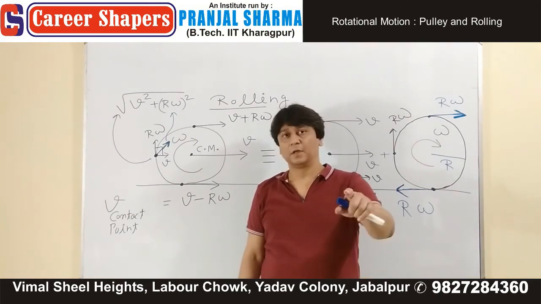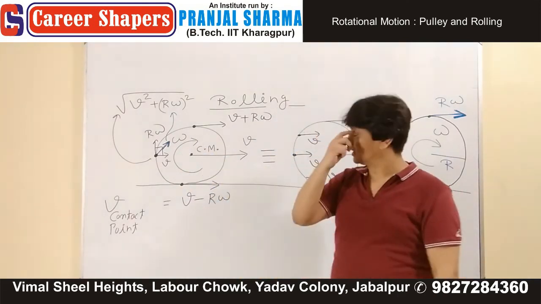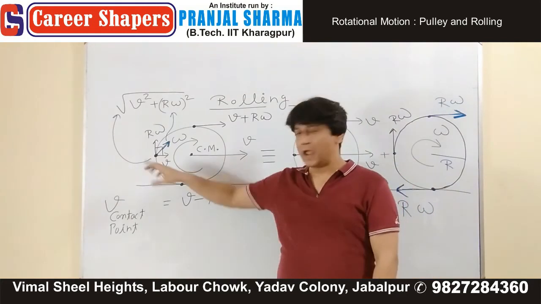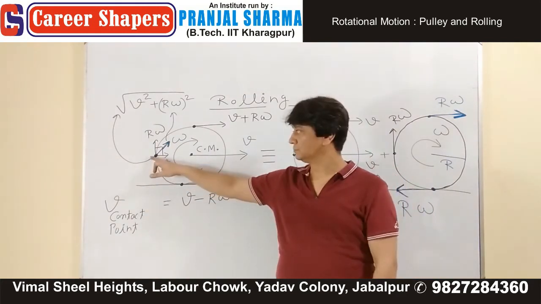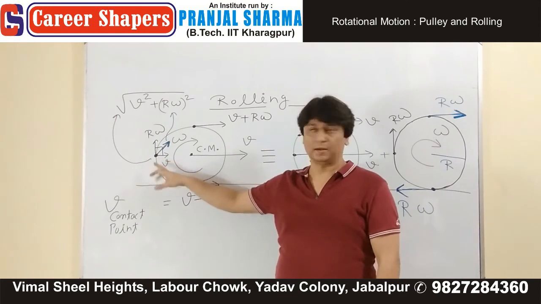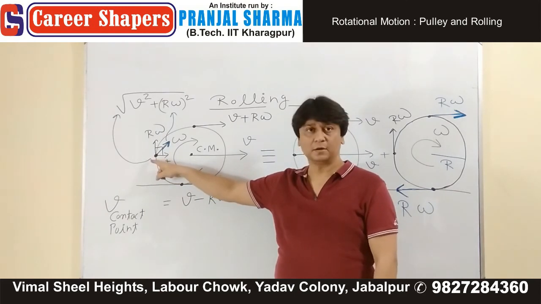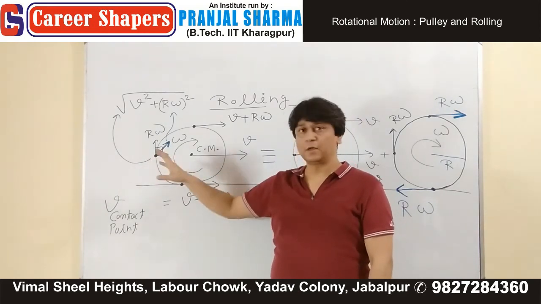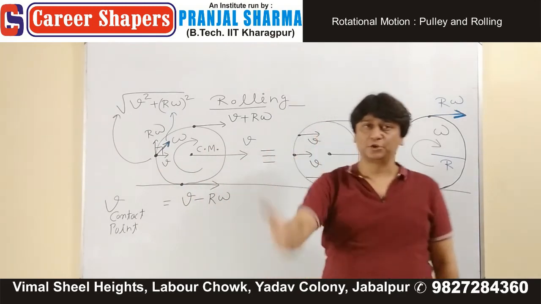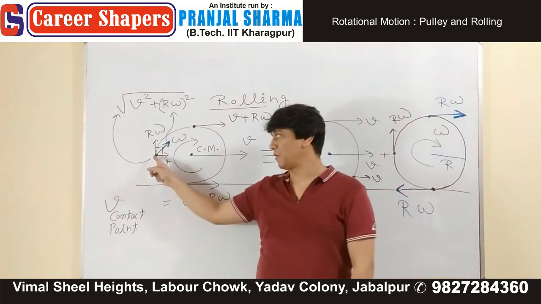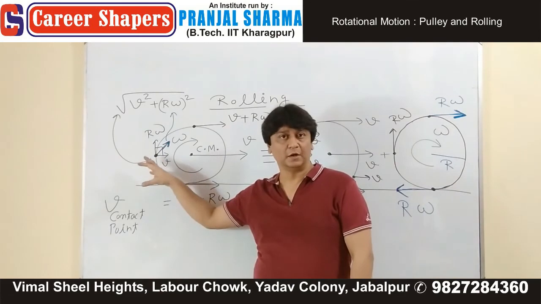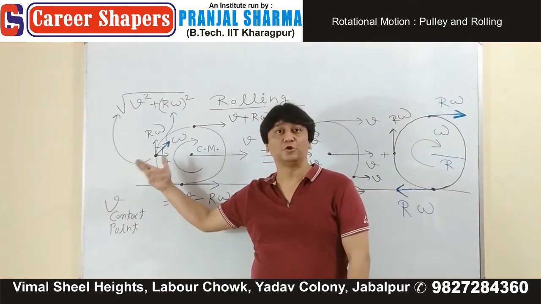Now, how easy is it to visualize this? Any dust particle which leaves the tire, they can in fact ask you a question like this: a dust particle right here leaves the wheel. In which direction is it going to move?